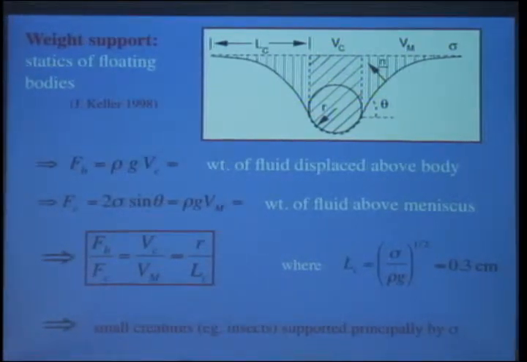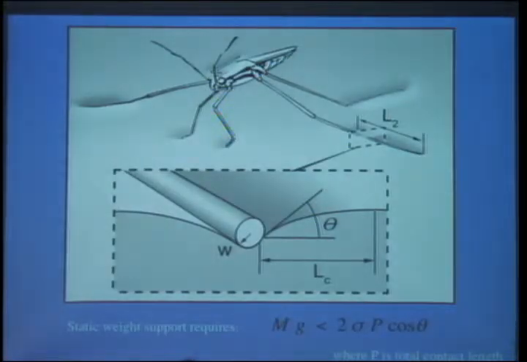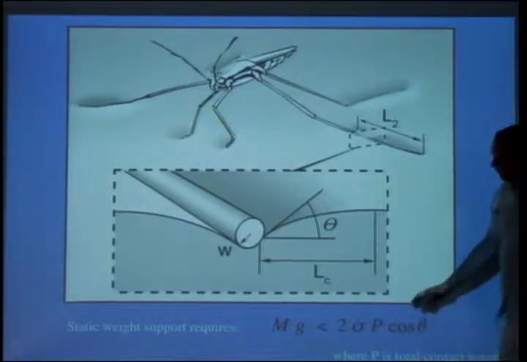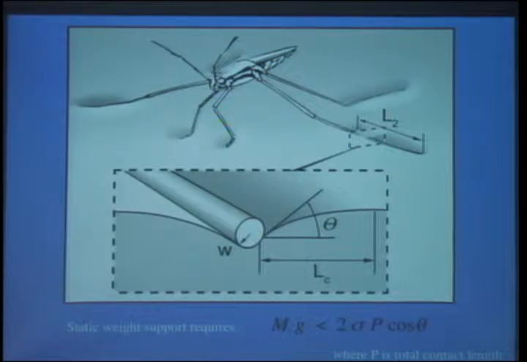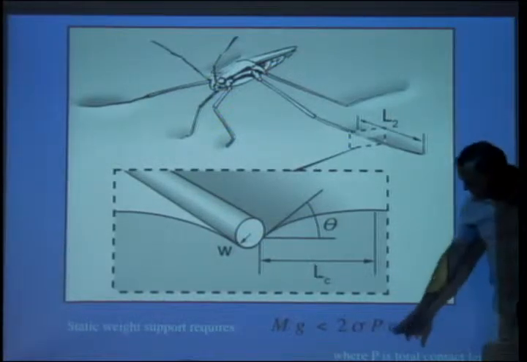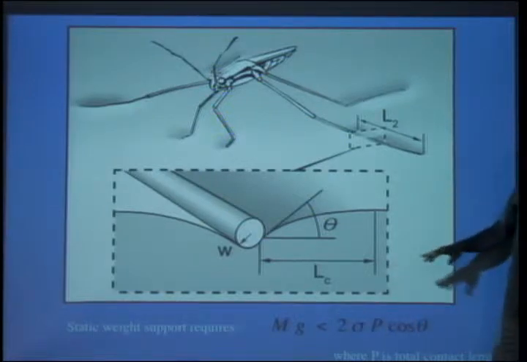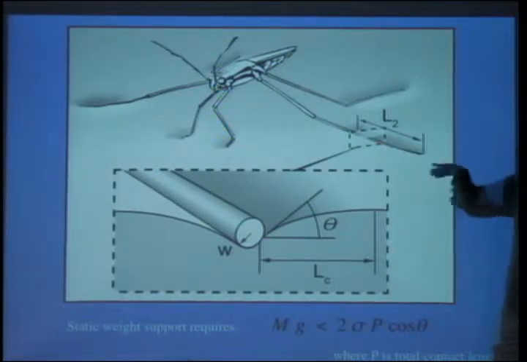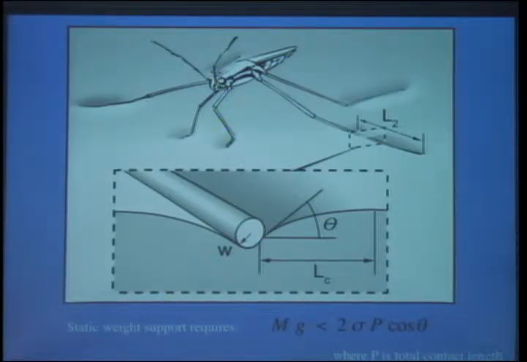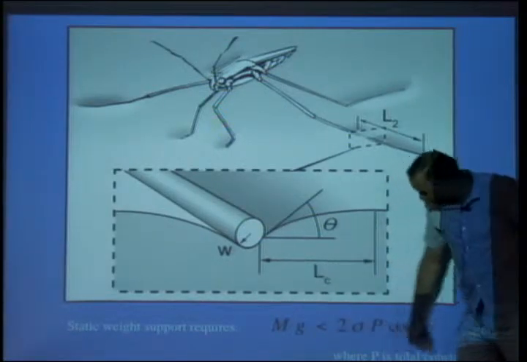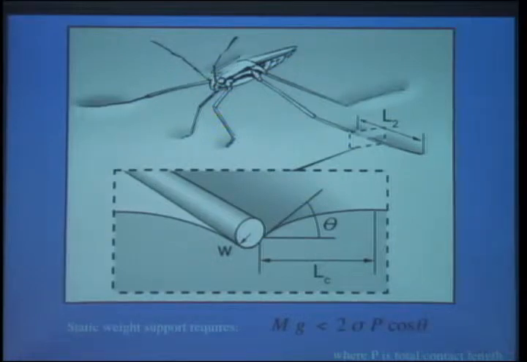Okay, but these small creatures are supported by surface tension, so whether or not they can reside at rest depends on their weight. Basically, if P is their total contact length, so you get it by combining all of the lengths of their legs in contact with water, and their total weight is less than this, then they can stay afloat.